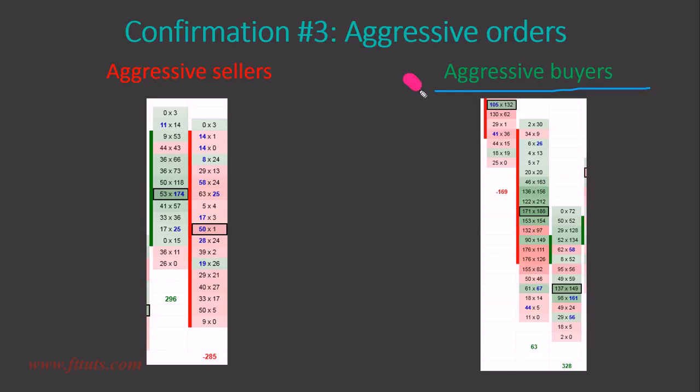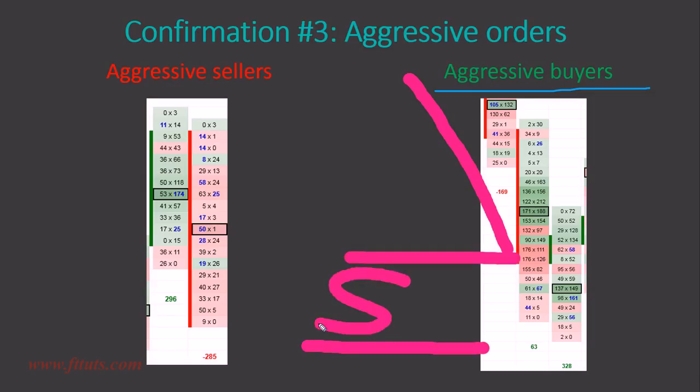There was selling activity in here, and then imagine that you had a support somewhere in this area. Imagine you created this support using a volume profile, for example, and in that support you are waiting for a confirmation. This is the confirmation of aggressive orders.